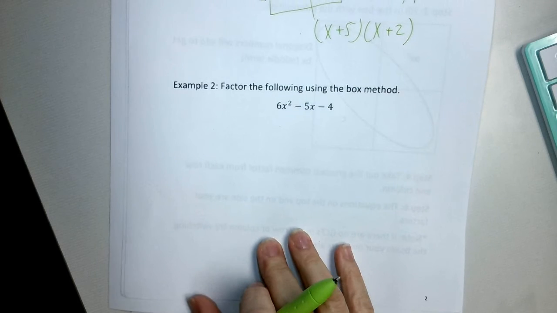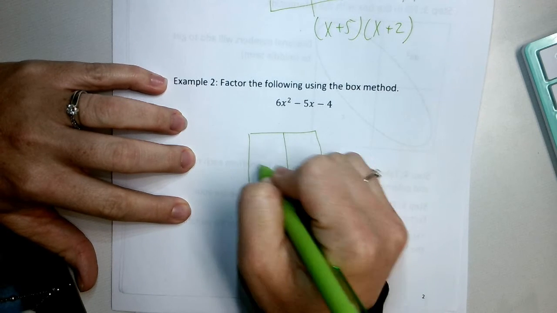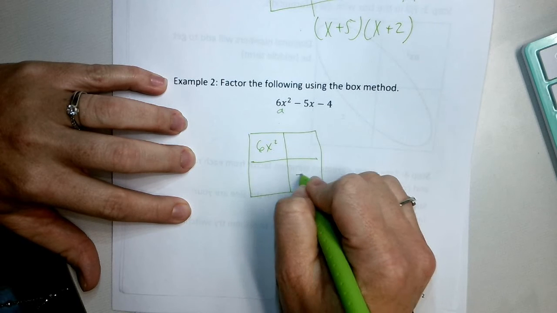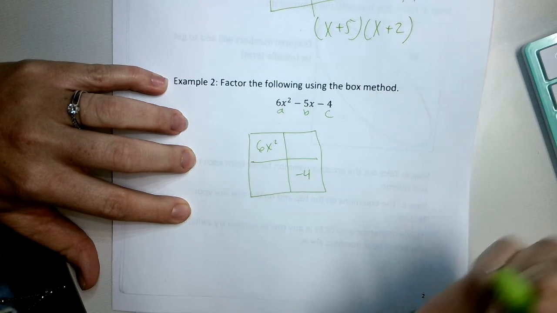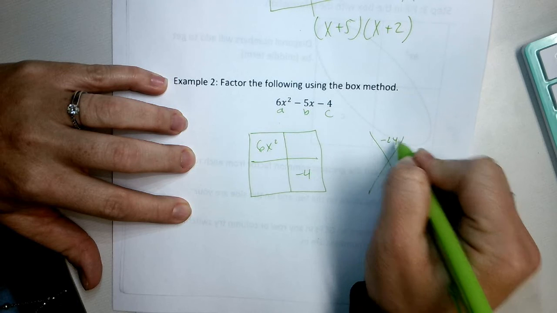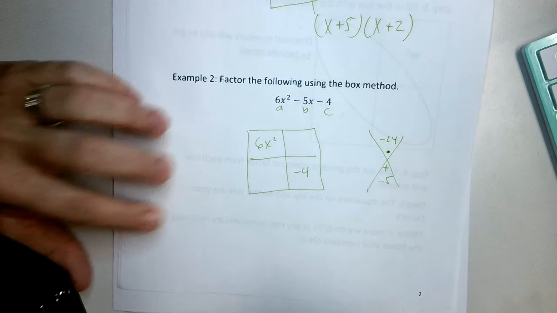Here, this one's going to be a little different. So ax squared, remember this is your a, this is your c, that's b. So remember a times c is negative 24, b is negative 5. What multiplies to give us negative 24 but adds to give us negative 5?